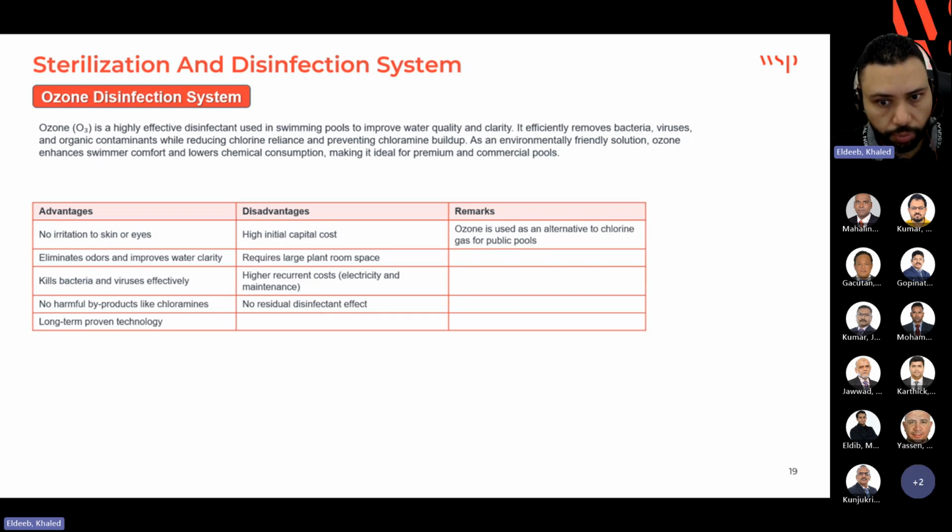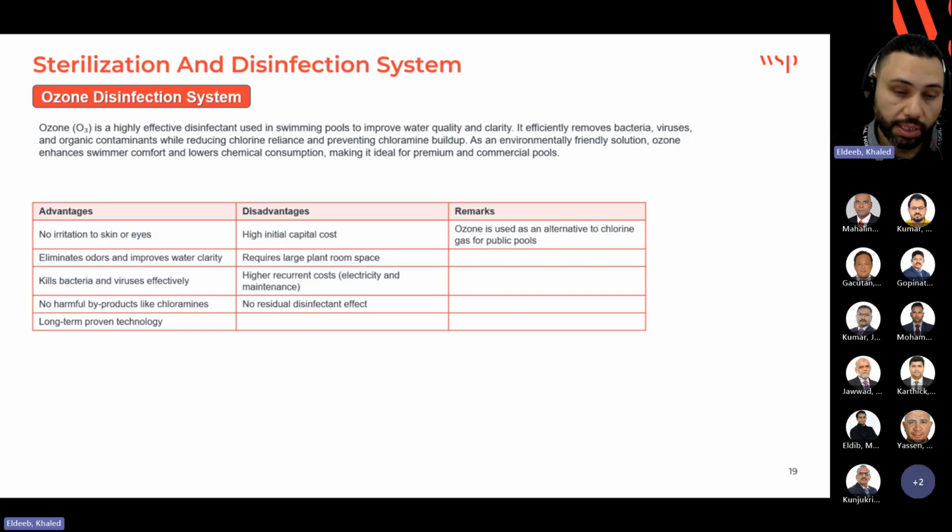There are also some drawbacks of using ozone. It needs a high initial cost, because we are generating ozone on site. Unlike chlorine, which is just some tanks and pumps, it needs a large plant room for installation. You need space to put the equipment. What else? There is no residual.